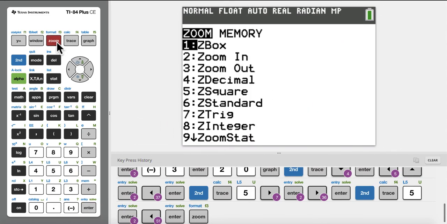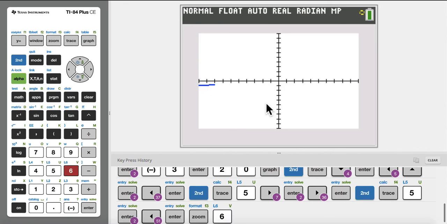And here we have a bunch of options. We can draw a box and zoom into that box. We can zoom in and out. But one that's going to be very helpful for you is the standard, number 6, zoom standard. So if you hit 6, it goes back to -10 to +10 in both directions. So there you go. If you have any questions, please ask.